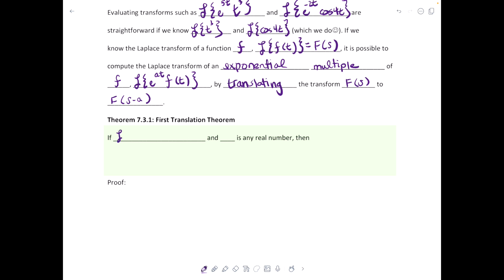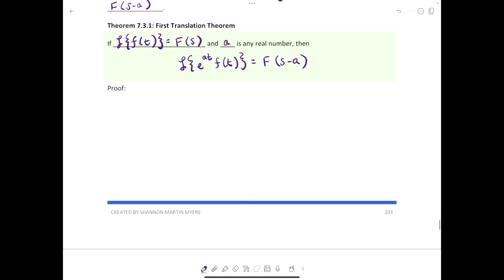If the Laplace transform of f at t is equal to capital F at s, and a is any real number, then the Laplace transform of e to the at times f at t is equal to capital F at s minus a. Pretty cool, huh? It looks very complicated, but comes out quite simple.